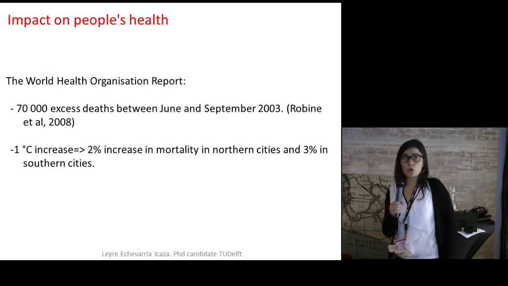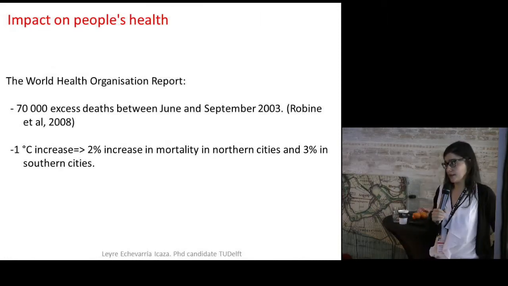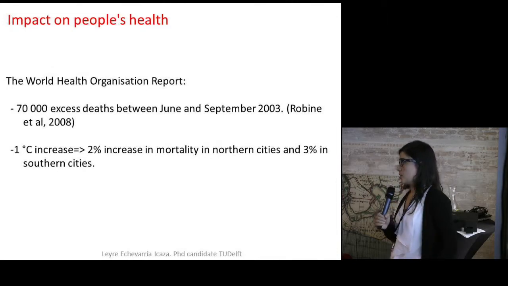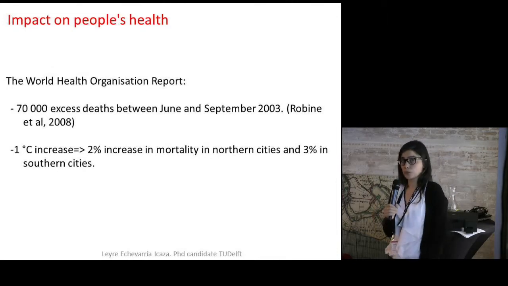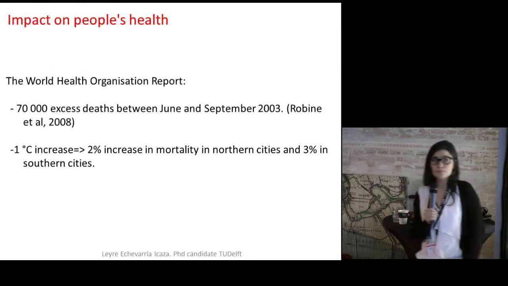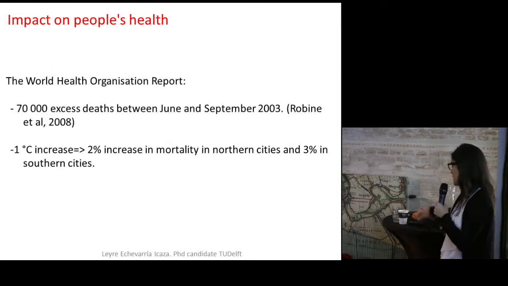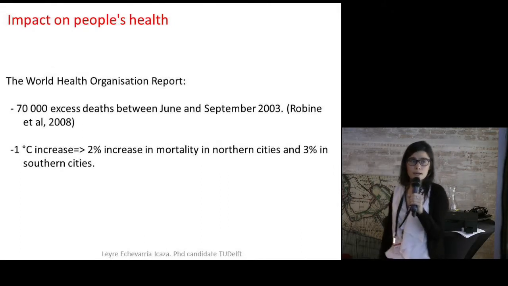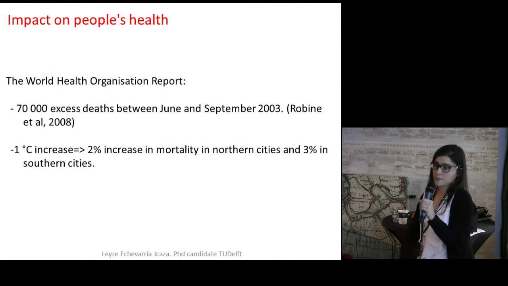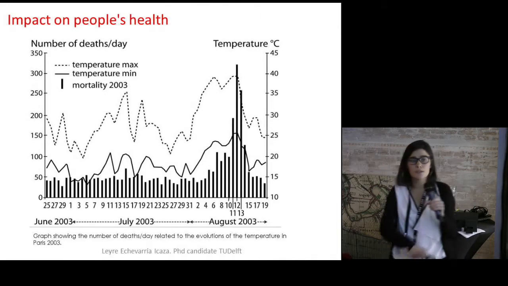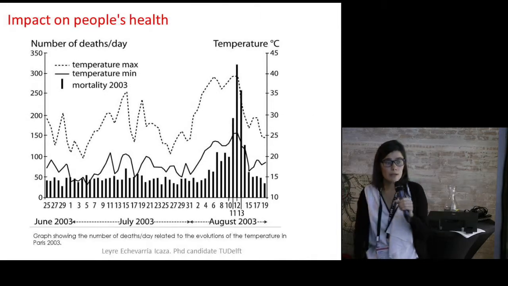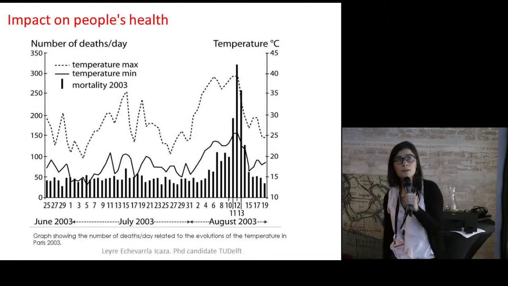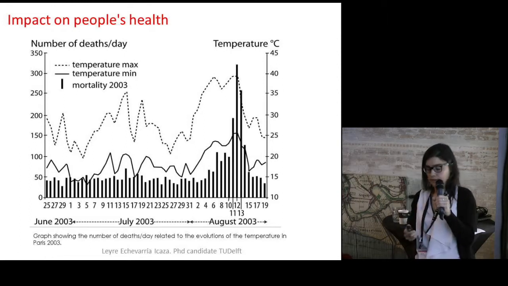The World Health Organization already reported 70,000 excess deaths between June and September 2003, which was not the latest heat wave, but one of the latest heat waves that we've had. And we know there is a direct connection between the increase of mortality and the increase of temperature. This is just to show in Paris how the mortality is related to the increase of temperature, particularly of the temperatures at night.